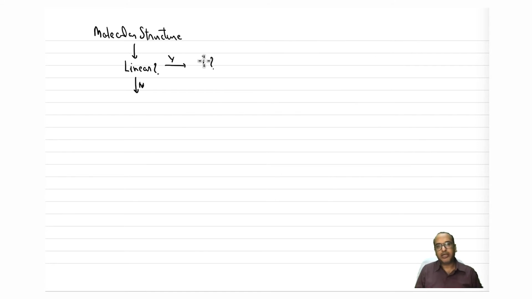That is my next question. If the molecule is linear, then whether it is centrosymmetric: yes leads to D infinity H point group, and no leads to C infinity V point group. So that is easy. Linear yes, I yes, D infinity H. Linear yes, I no, C infinity V point group.